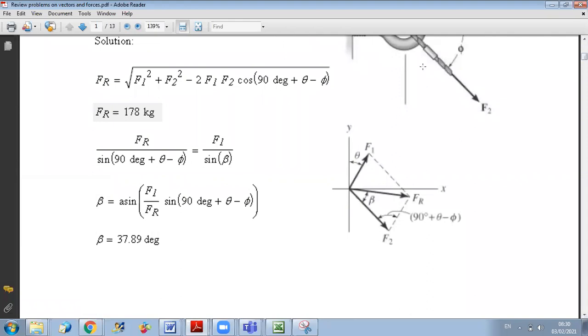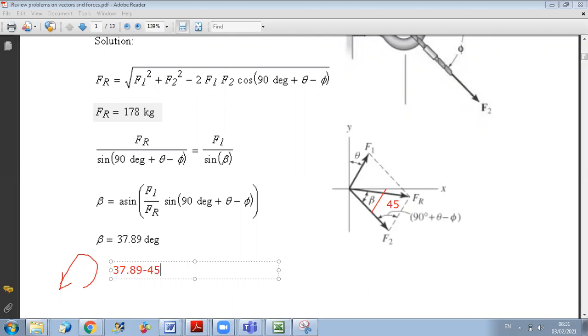So this is 45 here. Okay, and you got beta 37.89. So you can put just this. So if I consider the counterclockwise as positive, so the angle of interest will be 37.89 minus 45.